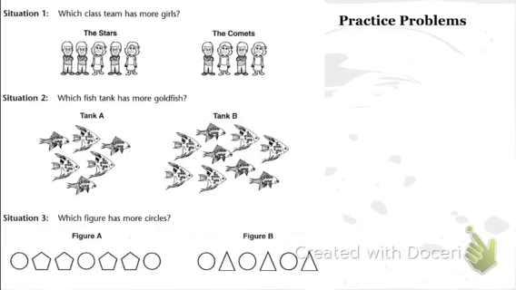All right, so with that in mind, I want you to take a look at these practice problems, work with them, and answer these questions. Situation 1: which class team has more girls, which fish tank has more goldfish, and which figure has more circles.